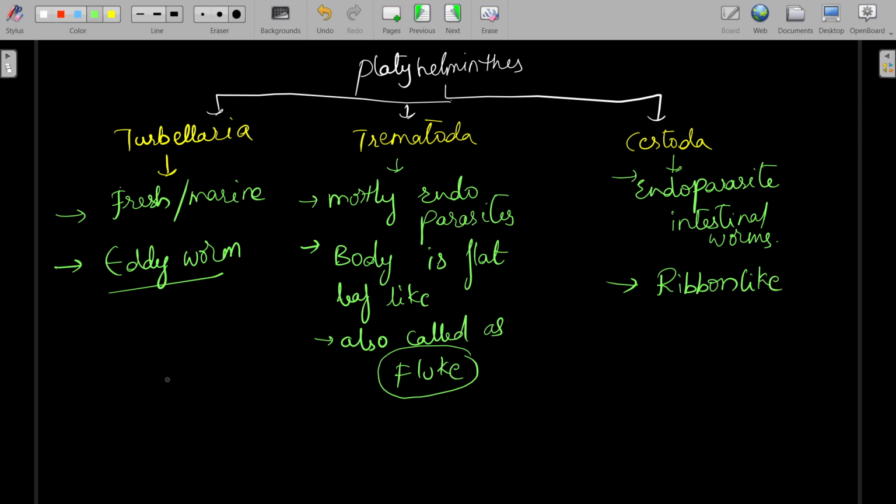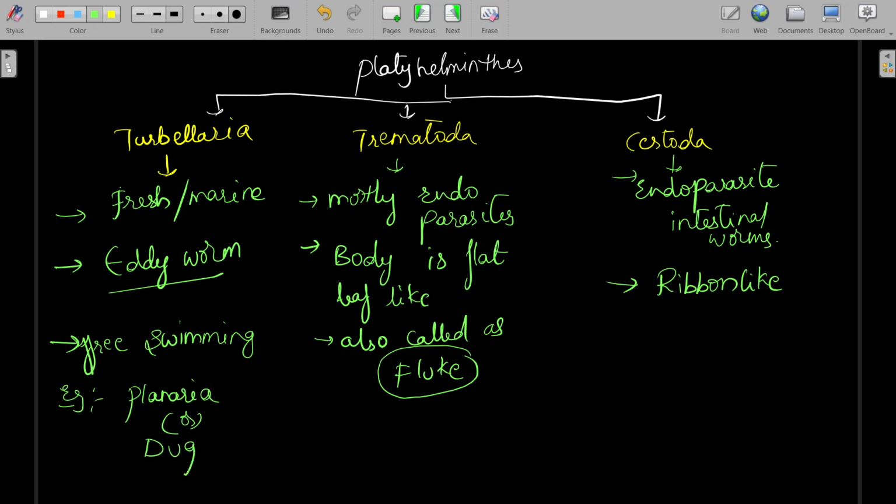So these turbellarians are free swimming, free living organisms. The example is Dugesia or Planaria. We can take Planaria, it is easy to remember.